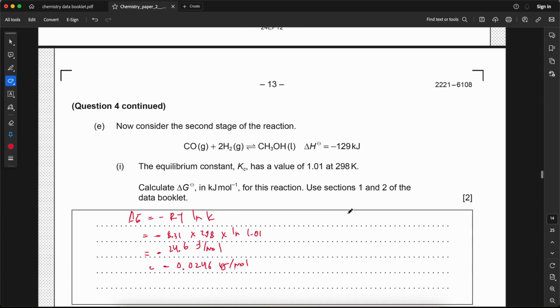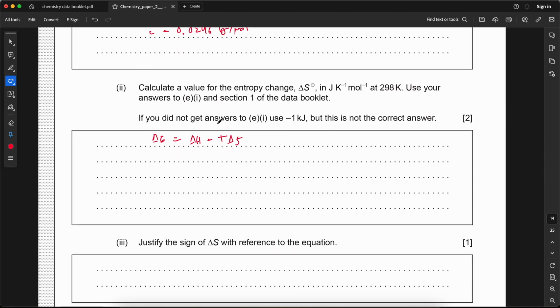So this will be negative 129, and this one negative 0.0246, equals negative 129 minus 298 K times delta S. So delta S will be negative 129 plus 0.0246, divided by 298.